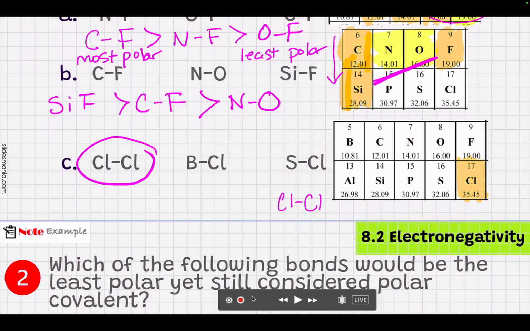And then if you think about the boron here versus the sulfur, there's going to be a greater difference in electronegativity between the boron and the chlorine. So that'll be the most polar, and then the sulfur and the chlorine, and then the chlorine. So we'll do a couple more.